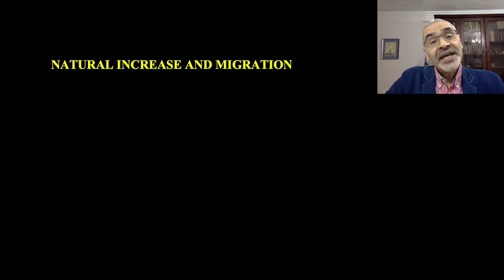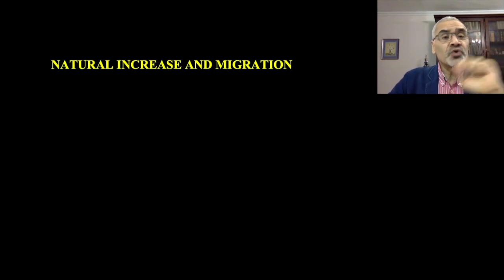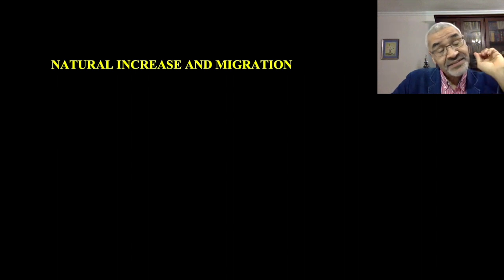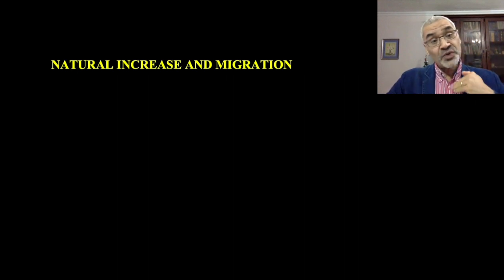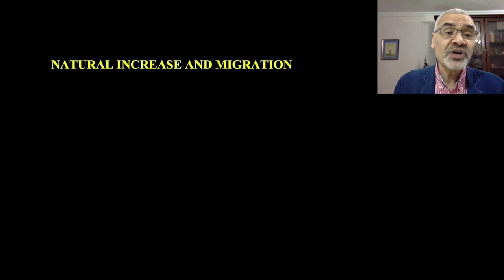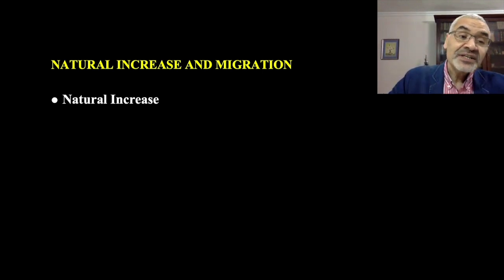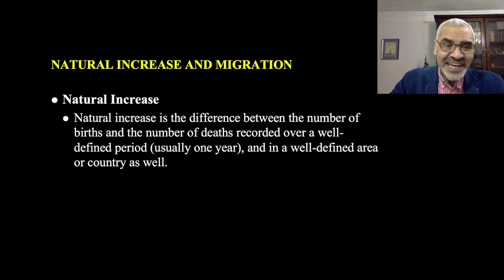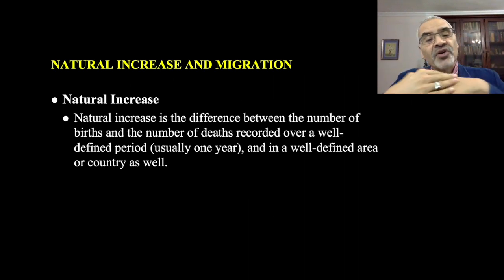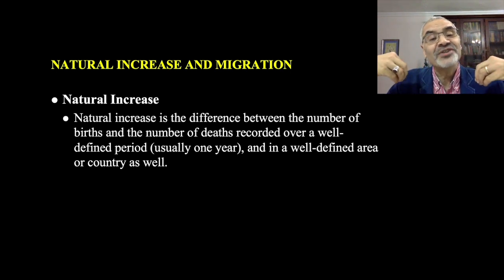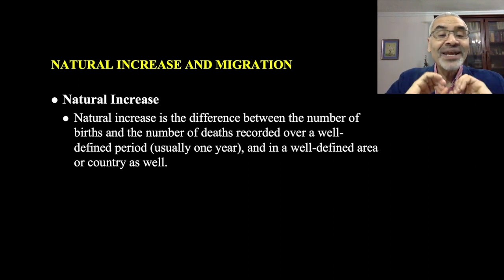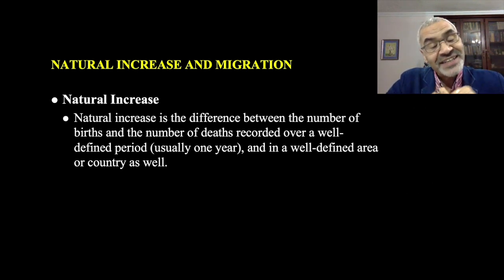So now if we exclude migration and talk only about the increase that occurs based on births and deaths, the increase occurring by births and the decrease occurring by deaths, we talk about what is called natural increase. Natural increase, in fact, is the difference between the number of births and the number of deaths recorded over a well-defined period, usually 1 year, and in a well-defined area or country as well.